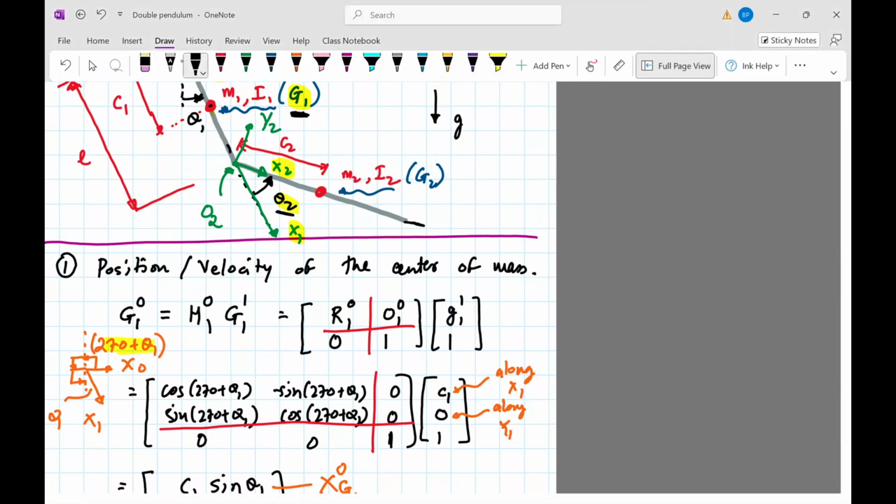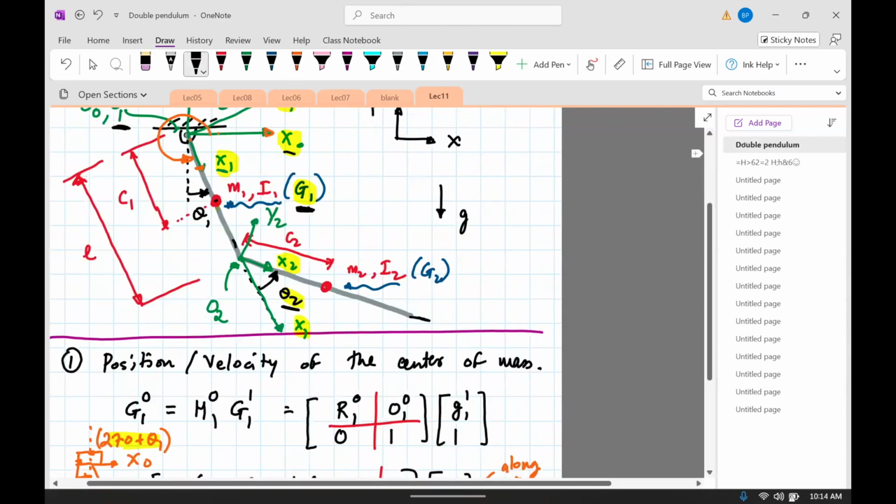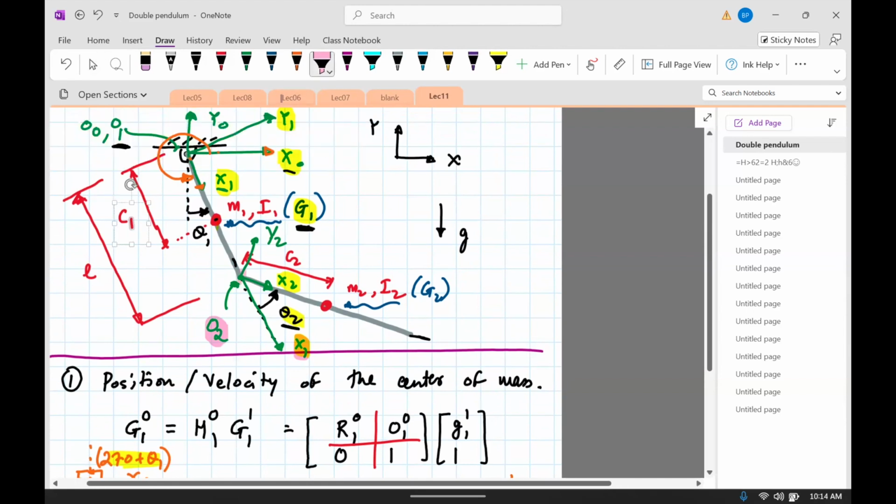So we have cosine θ2, minus sine θ2, sine θ2, cosine θ2, 0, 0. Okay, and then O2 in frame 1. This is O2, but I need it in frame 1, this frame. So the question is, what's the distance of this point along x1?